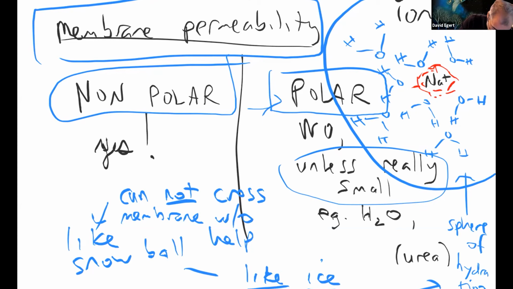So ions, both cations and anions, cannot cross without the help of specialized membrane proteins. And the whole thing around electrical signaling is going to be about opening and closing ion channels and letting ions flow.